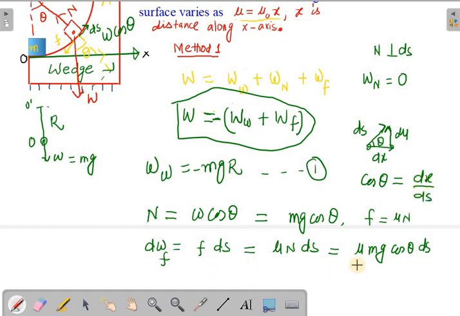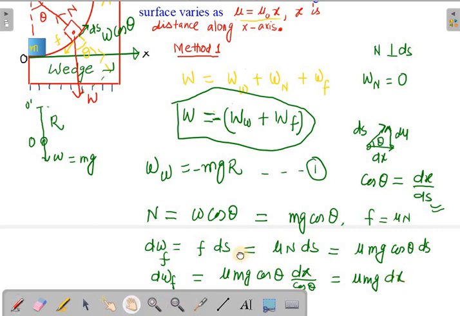On putting this value here, you can write dW_f will be equal to mu mg cos theta into ds, putting the value of ds from this equation, or that can be written as mu mg into dx.